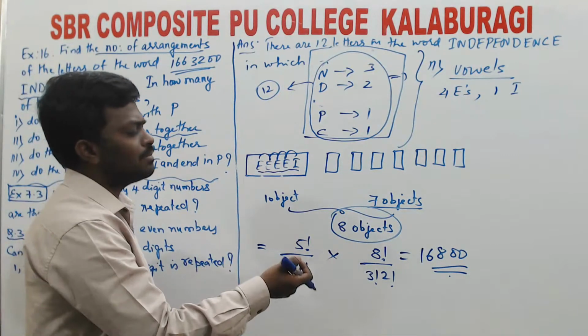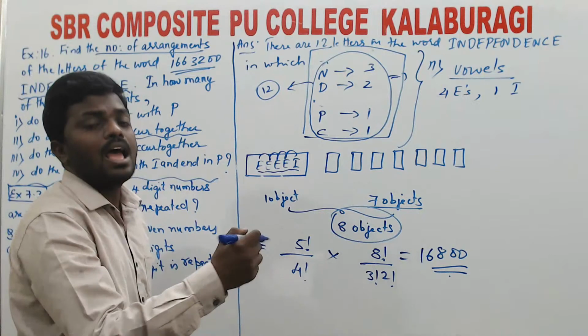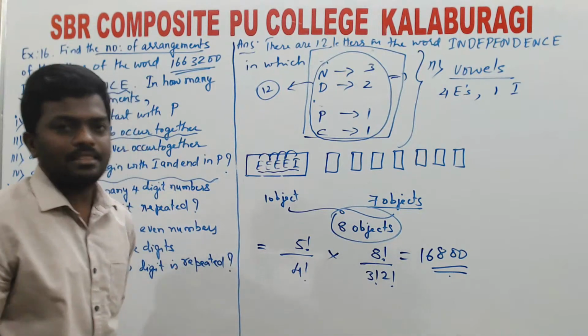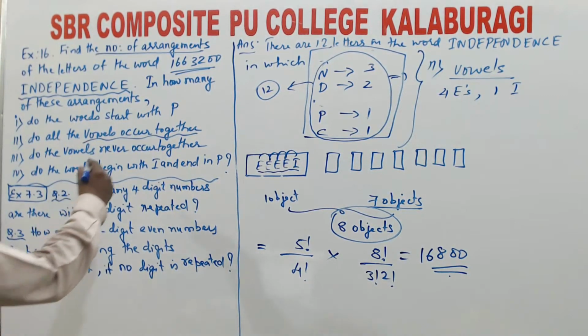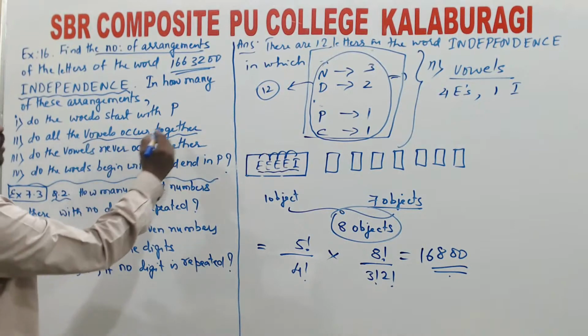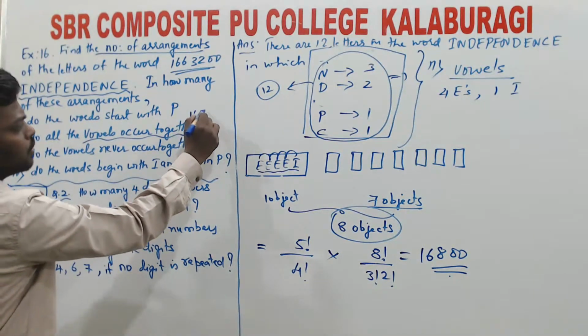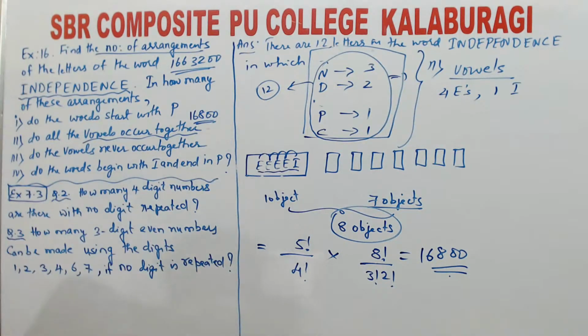So just take the help of the definition of factorial and a calculator, you will get the answer. So 16800, right students? 16800 is the number of arrangements of the words having vowels occur together.